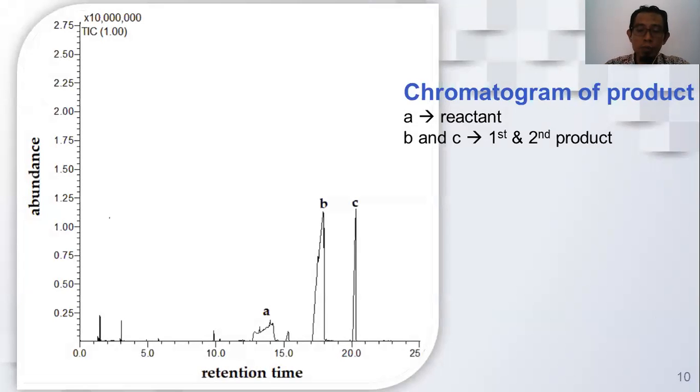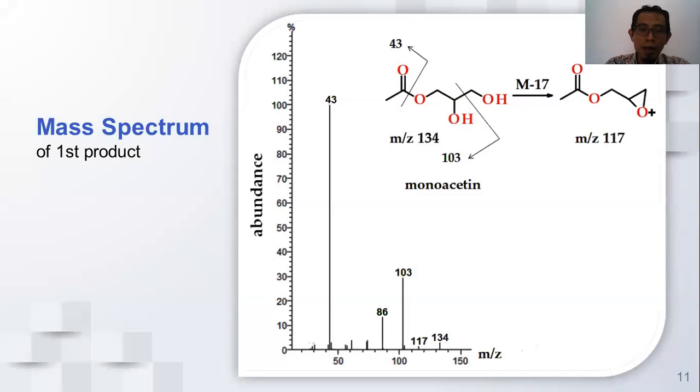From the chromatogram of the product, we find 3 peaks, A, B, and C. A is predicted as reactant, and B and C are the products. Peaks B and C were further investigated by analyzing the mass spectrum.